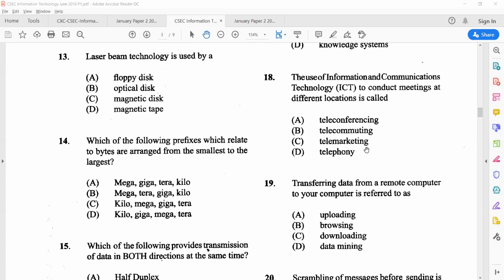Now, how this question is asked, they want to know what you refer to as using ICT to conduct meetings in different places. And the answer for that is E. Don't get this mixed up with telecommuting, which is working from a remote location or working from home. Answer for 18 is E.